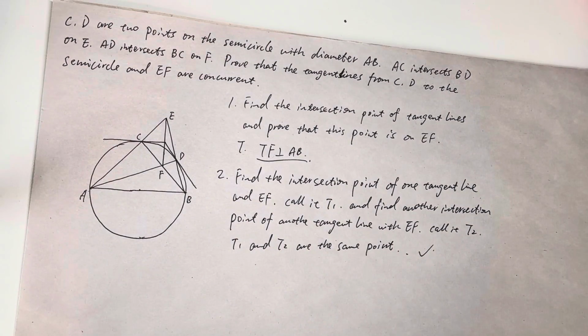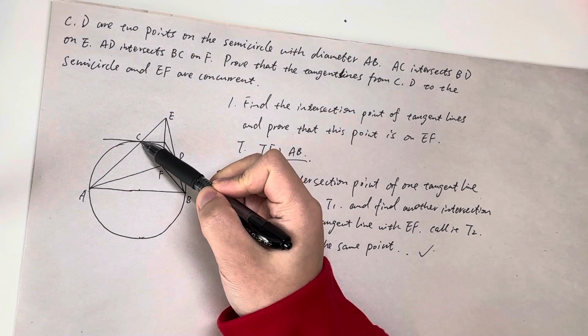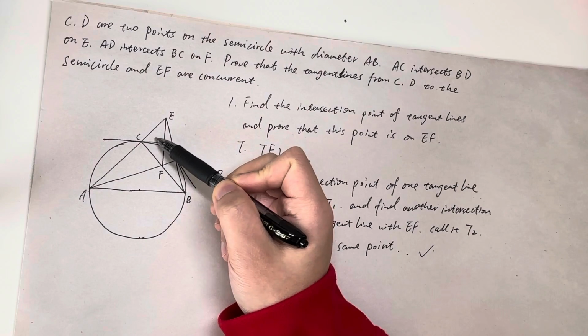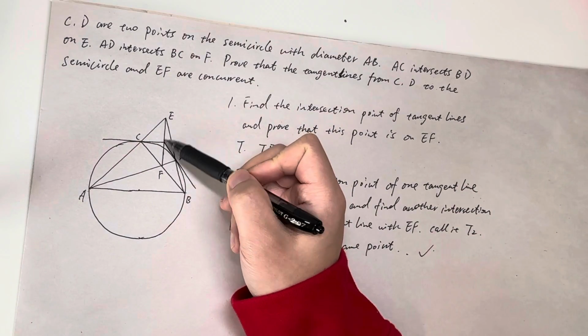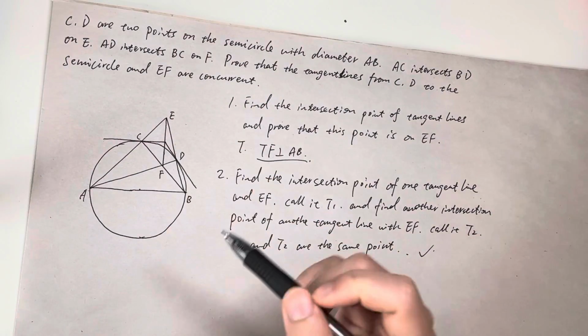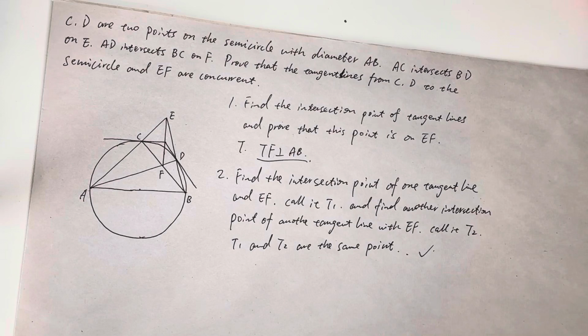So once we can find the relation between point C and the intersection point T1, we can easily find the relation between D and T2, right? That's the easier way. It's like we reduce the work that we need to do, right?